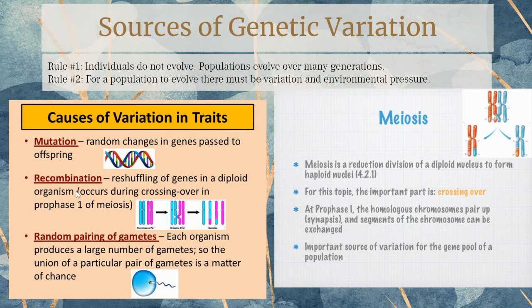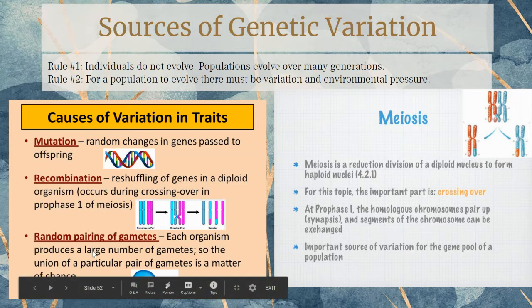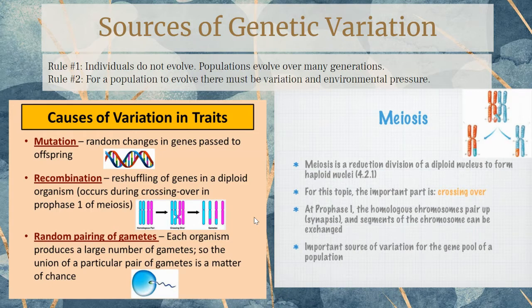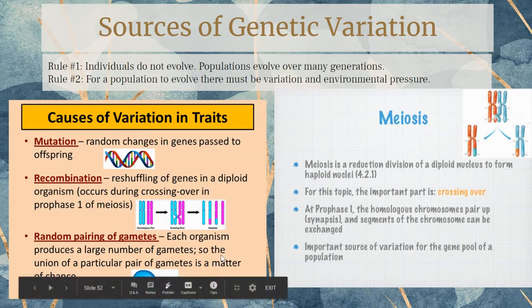So we've got recombination that adds genetic variation, and we also have a random pairing of gametes, so anytime sexual reproduction occurs, you are mixing up the genes, okay? So we're not asexually reproducing through like binary fission.